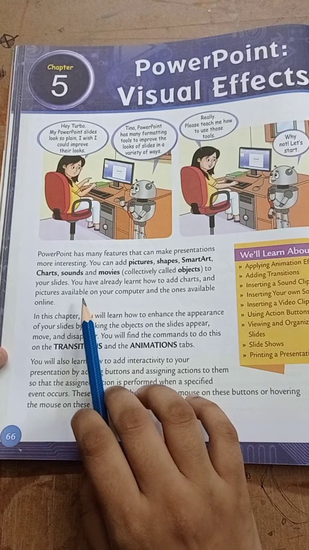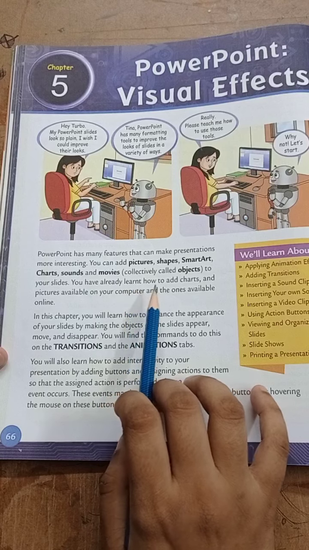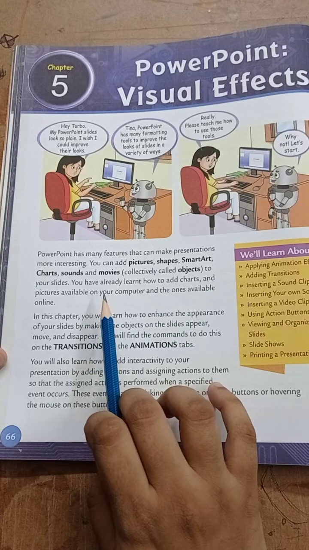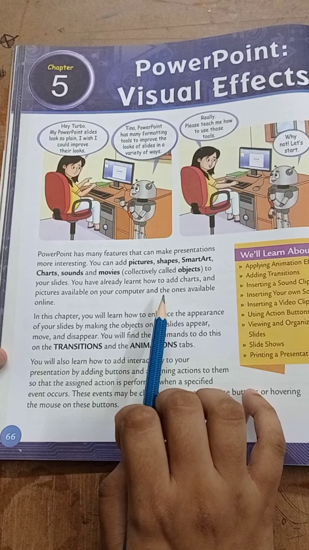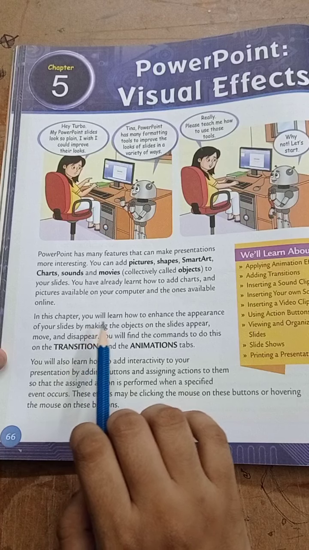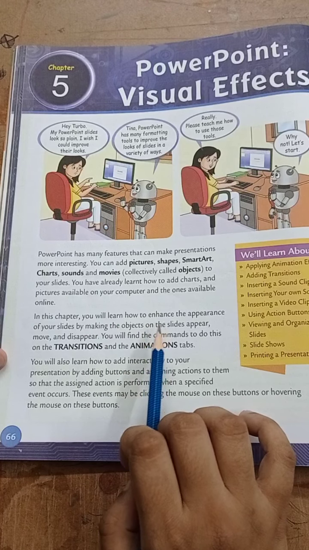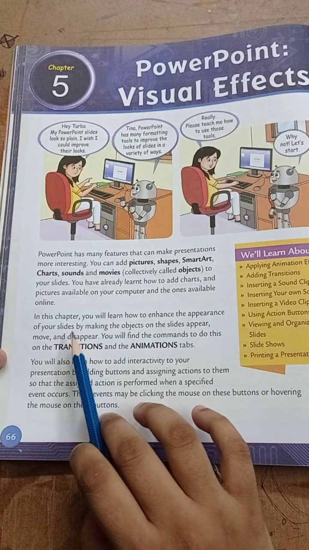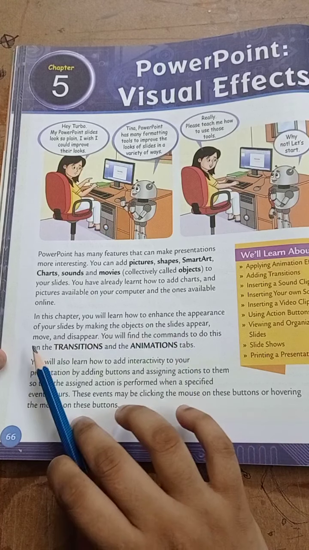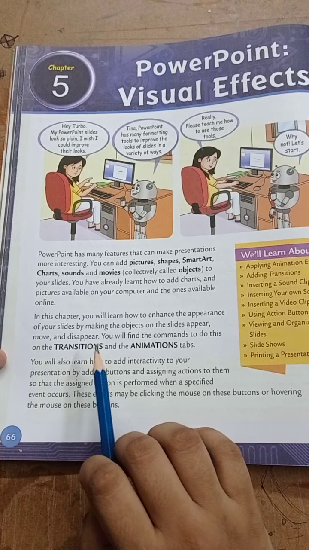To your slide, you have already learned how to add charts and pictures available on your computer and the ones available online. In this chapter, we will learn how to enhance the appearance of your slide by making the objects of the slide appear to move or disappear. It means we use these objects to make our slide more attractive and more presentable.